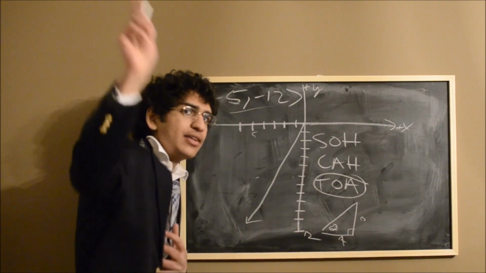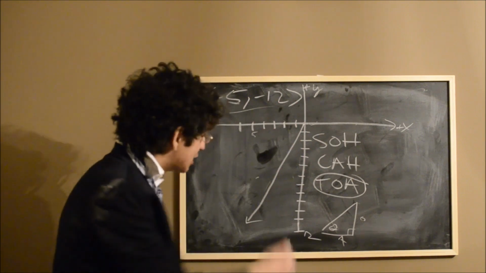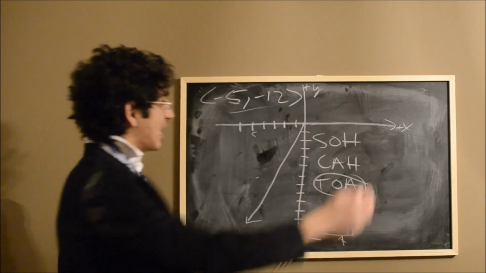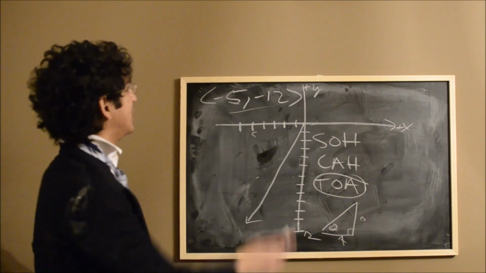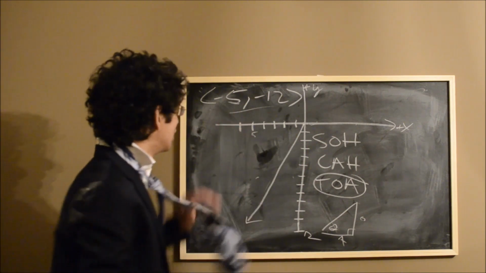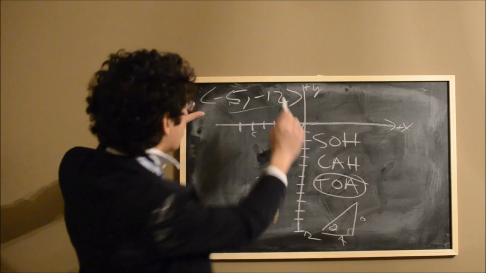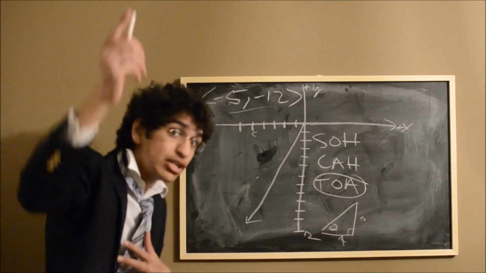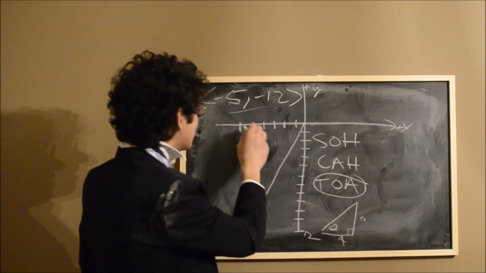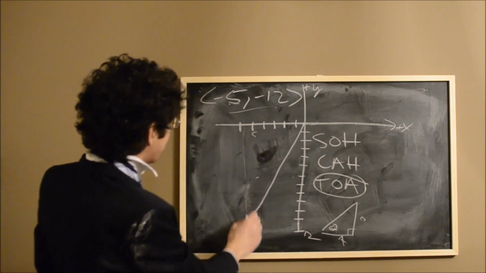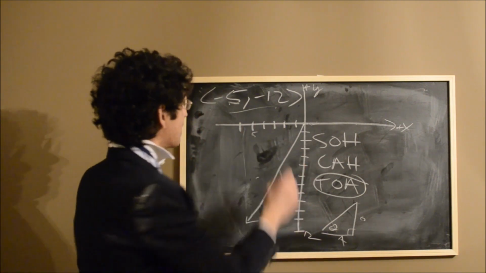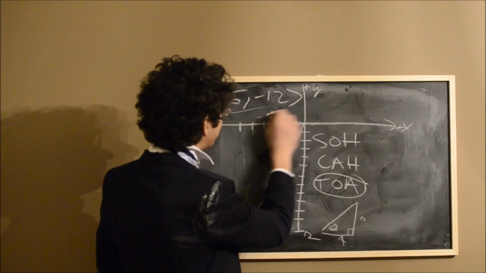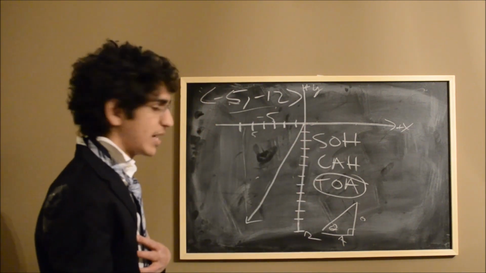Now, how does that relate to this problem over here and finding the angle this makes with the positive x-axis? Well, given that the notation for this vector is -5, -12, we know that this distance right here, the horizontal projection of this vector, is -5 units, right?